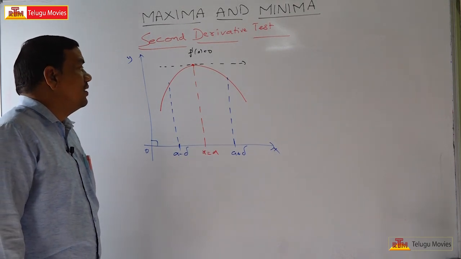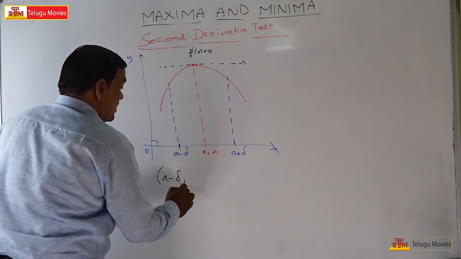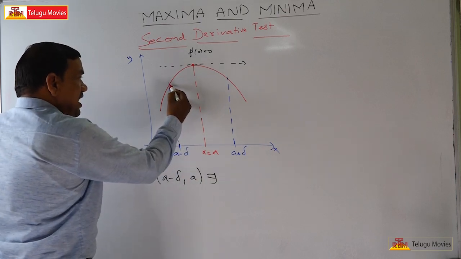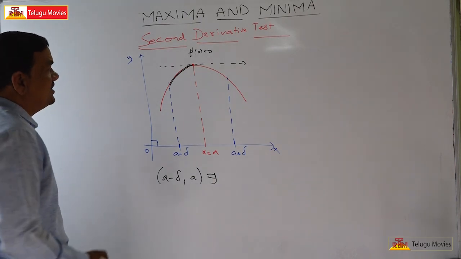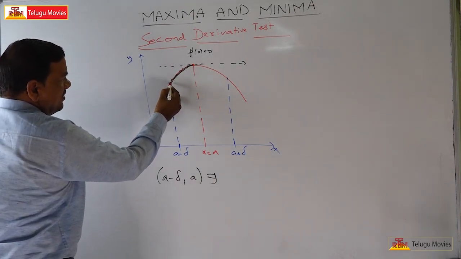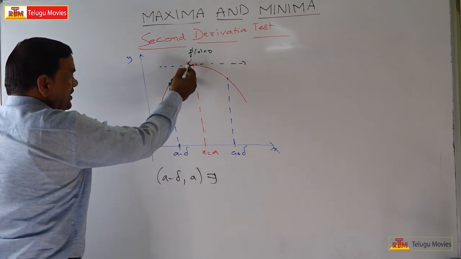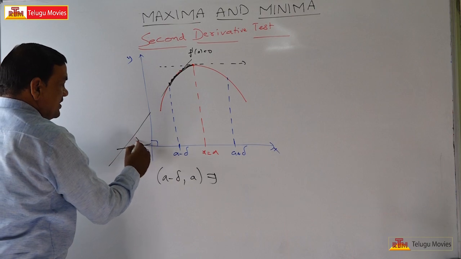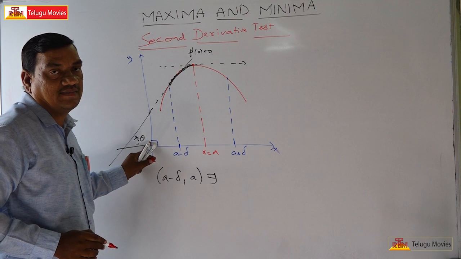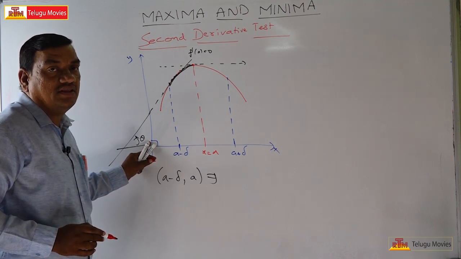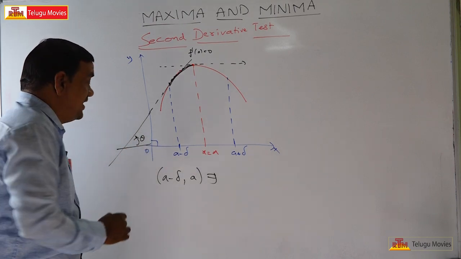Okay, now right. If you observe in the interval a minus delta to a, that means up to here, if you draw the tangent, wherever the point may be here, there are infinite number of points. Whatever the point, if you draw the tangent, it makes an acute angle with the x-axis. That means the slope of this tangent is positive.